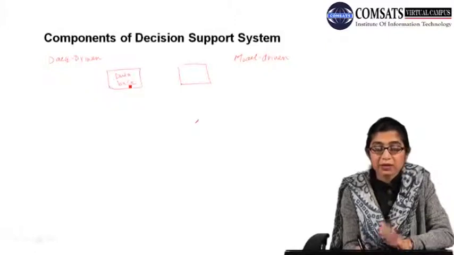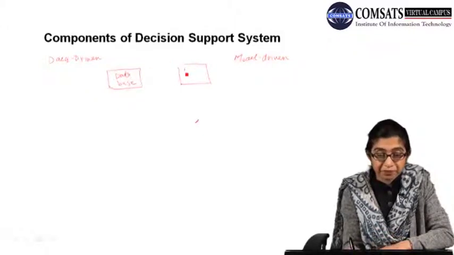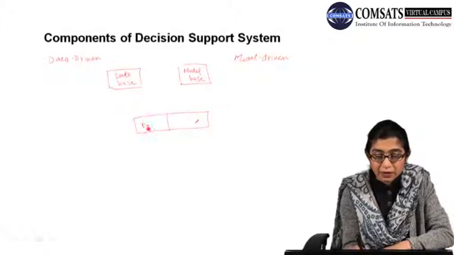So basically the data that is brought into the decision support system comes through the database, and from here the data comes from the model base. What are the two systems being used here? DBMS is working at the center.